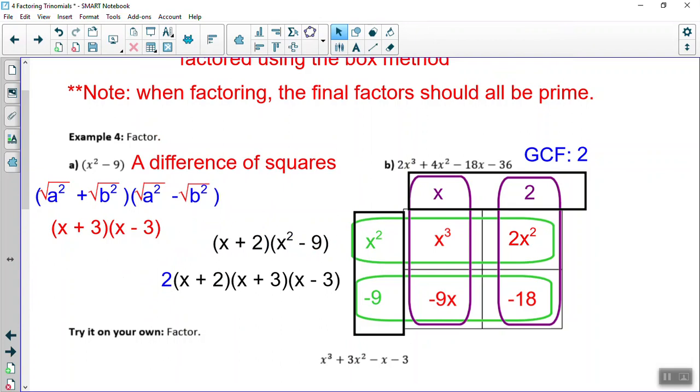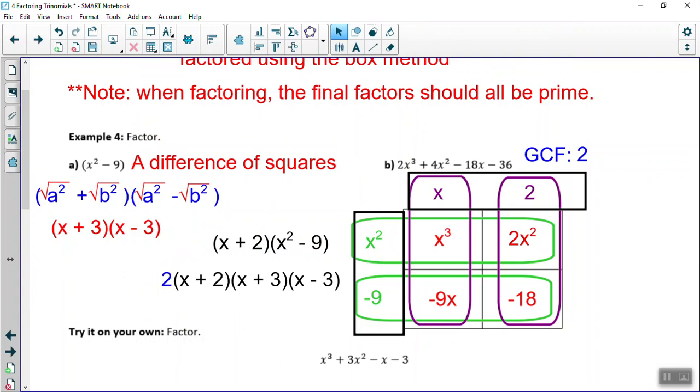So we had to do a lot of steps here. First, I found the greatest common factor, that 2. That becomes part of my answer. Then I divided every term by 2 and put those values in here after dividing. I then found the greatest common factors of each row and each column. That gave me these 2 factors here.